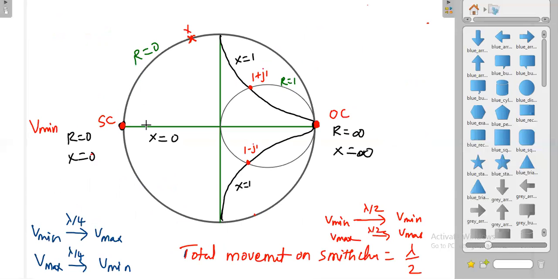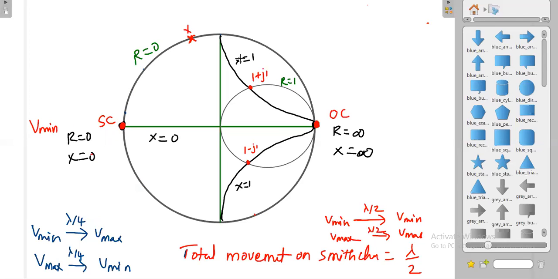Here reactance is 0. Here reactance will be a little bit high like this. If you go along this path, your reactance will increase, because once you reach here, your reactance is 1. Whenever you are in between, your reactance will be between X equal to 0 and 1. You will get the line like this. Once you go here, your reactance will be between 1 and infinity.